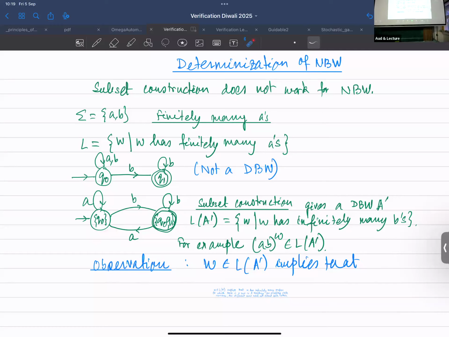If a word is accepted by this automaton, can you say something about the set of finite prefixes of w? You can get a prefix with as many B's as you want. Yes, you are right.